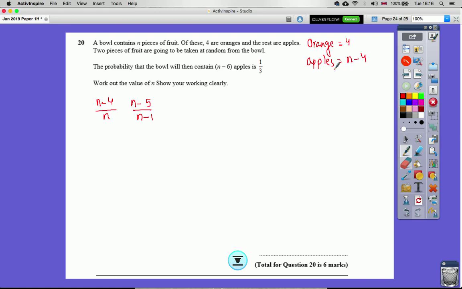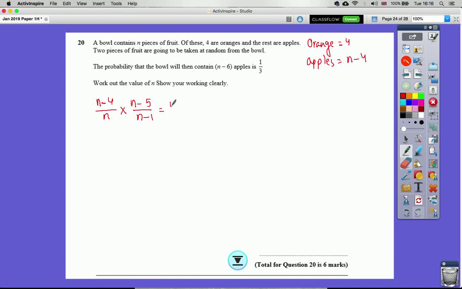We are talking about, if I take an apple the first time, the probability of taking an apple the first time will be n minus 4 over n. The probability of taking a second apple will be n minus 5 over n minus 1, because now there's one fruit less. So if I multiply them together, that means probability of apple and apple, and see what we get.